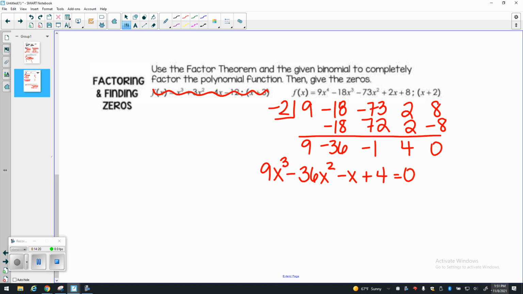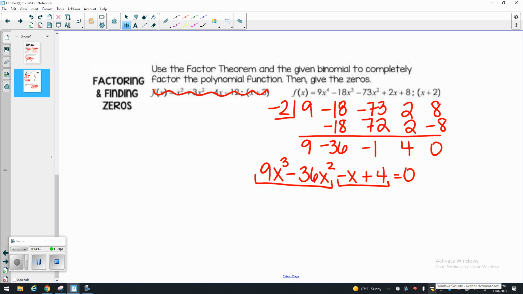I'm going to set it equal to 0, not because my remainder is 0, but because I need to find my zeros. I need to find my factors. Well, how many terms do I have? 4 terms. How do I factor? Group it.